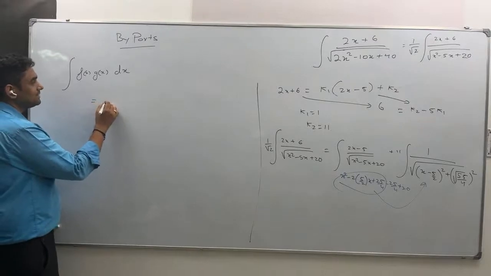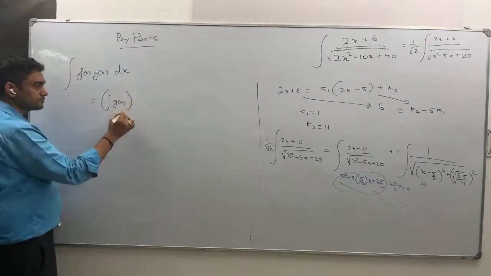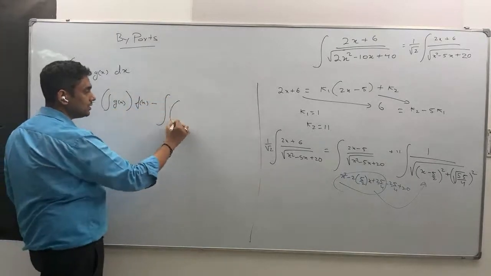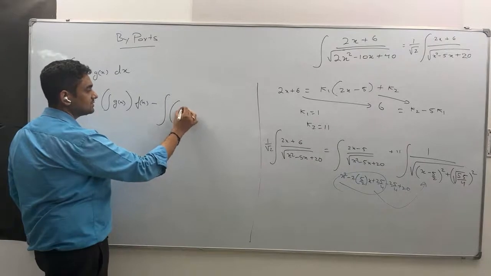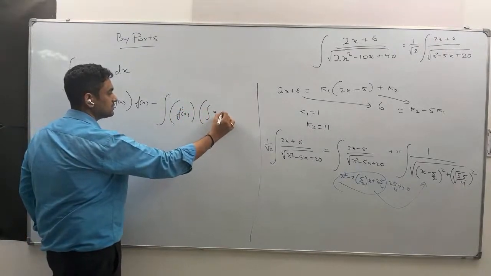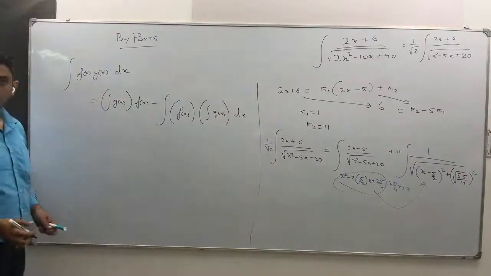It comes out to be the integral of g(x) into f(x) minus whole integral of f dash x into integral of g(x) dx. This is by parts.